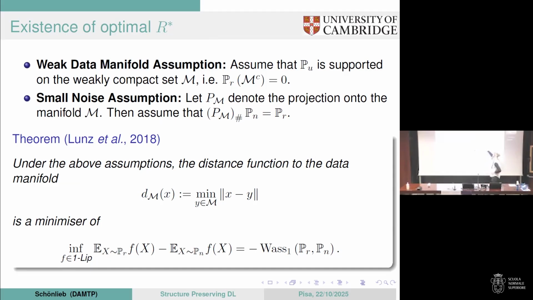And the other one is a small noise assumption, where you assume that you can project back from your noisy distribution to the distribution of your desirable images. If you assume that, then a minimizer, a regularizer that comes out of this, is the distance to this data manifold, which is nice again to think about conceptually.